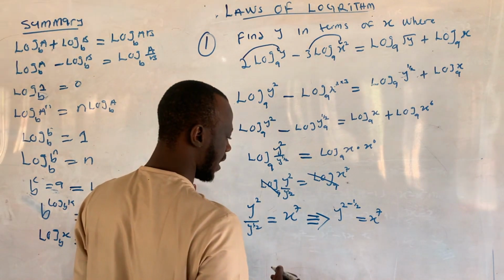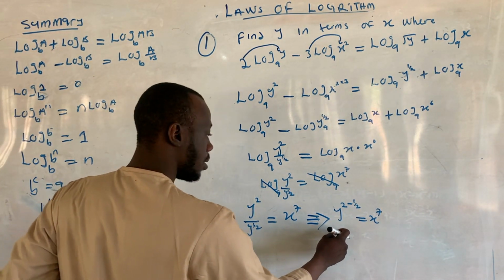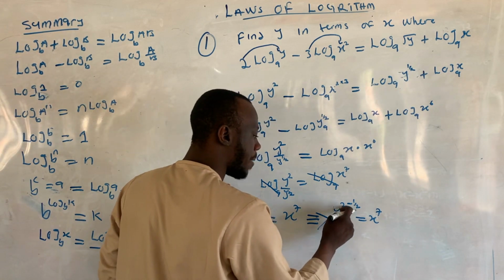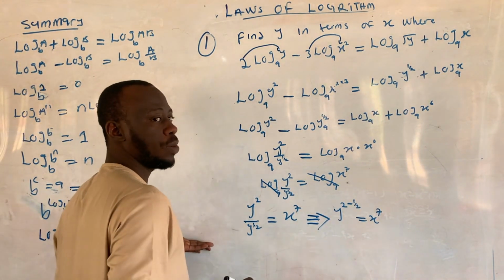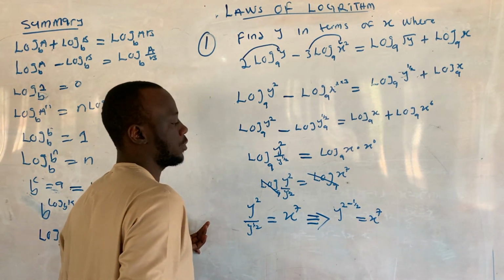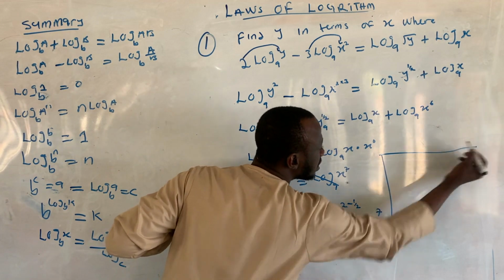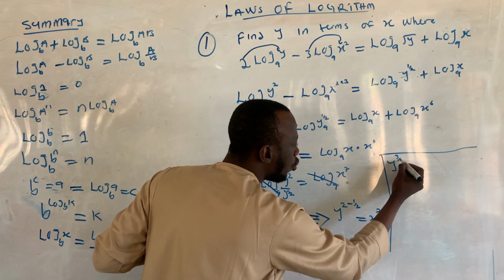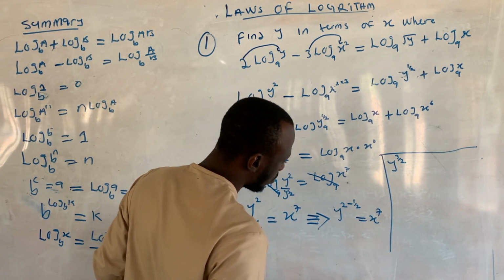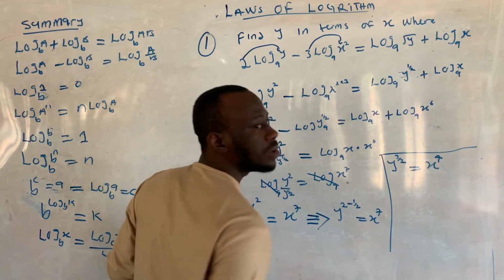So now again from here we can say that 2 to the power of minus 1 over 2 is something as 3 all over 2. Here I'm going to solve it. In this case we have y to the power of 3 all over 2 is equal to x to the power of 7.